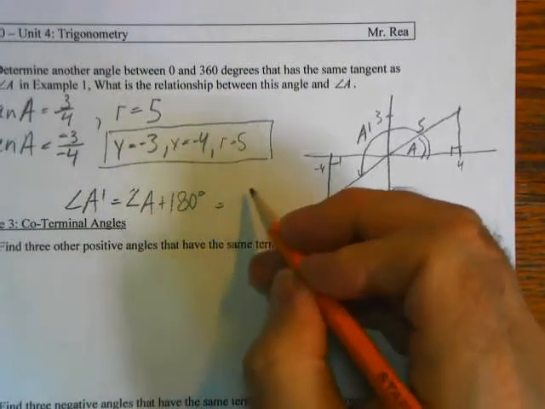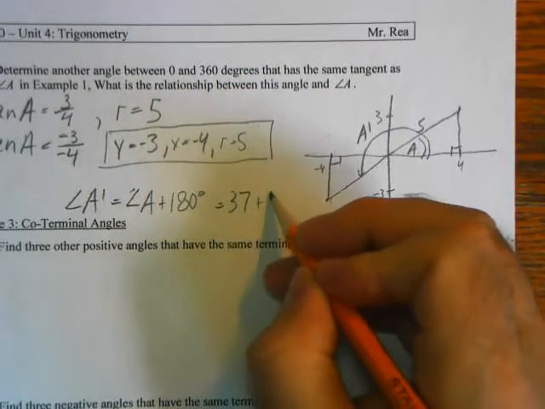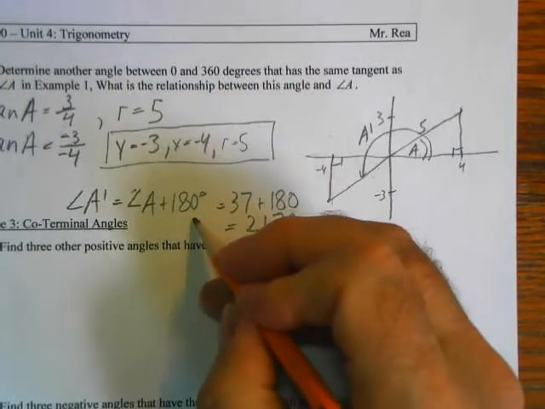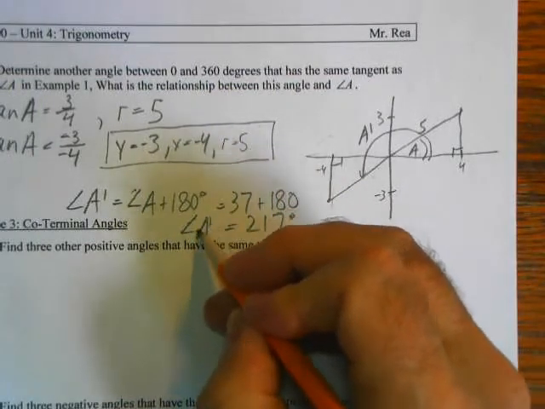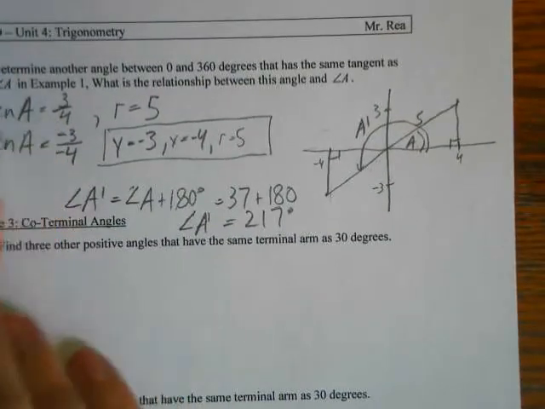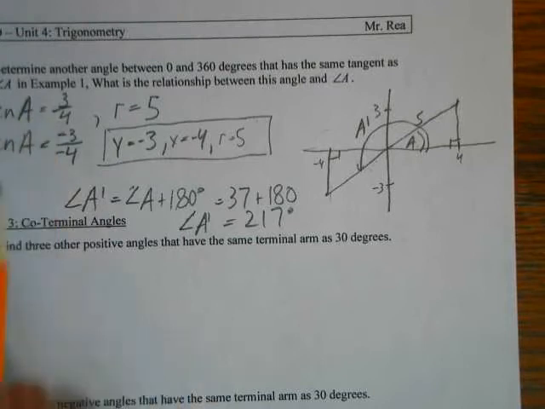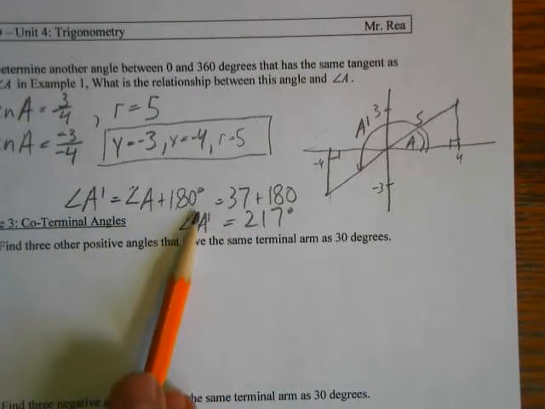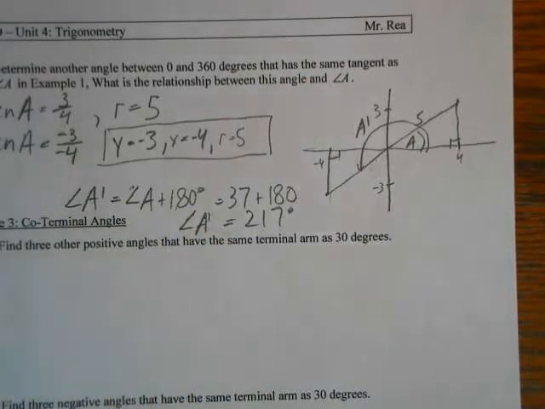So that's 37 plus 180, which is 217 degrees. So these would be the two angles that satisfy the tan of that angle being 3/4. It actually has two solutions. A could be 37 or A could be 217.